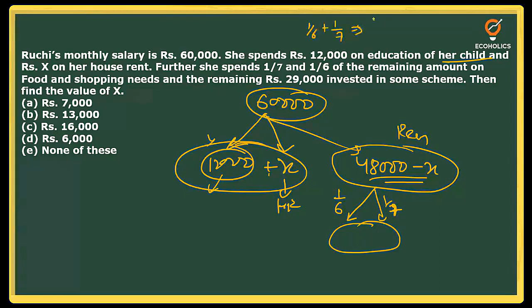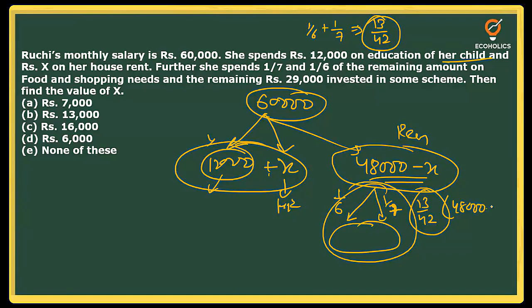This is 13/42. So 13/42 of this 48,000 minus X has been spent. So how much is left then? So obviously 42 minus 13. So if you check this, I think this will be 29. So 29 divided by 42. This will be the remaining one.